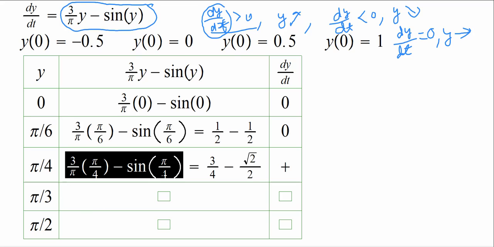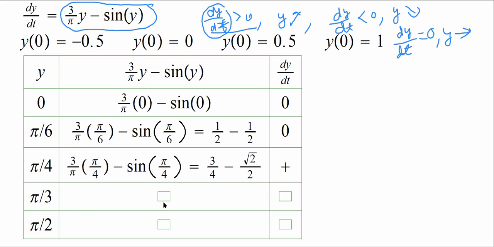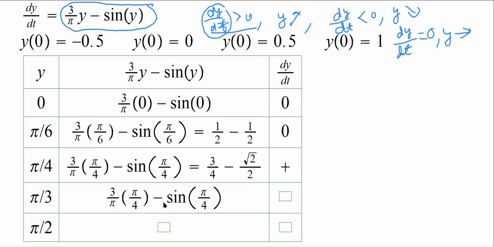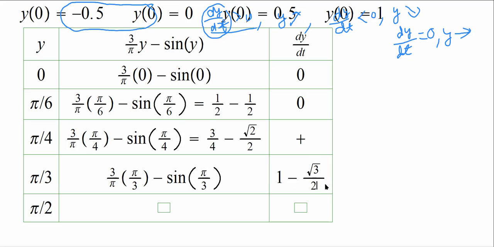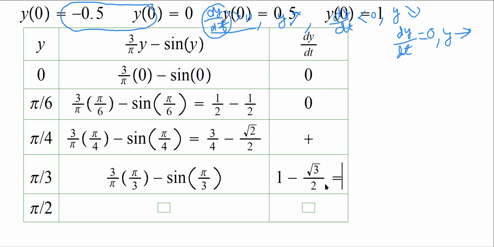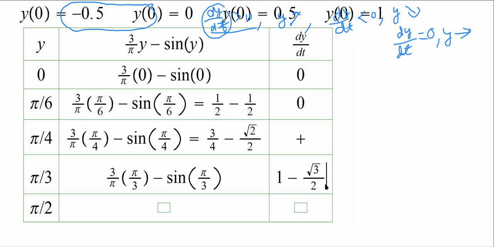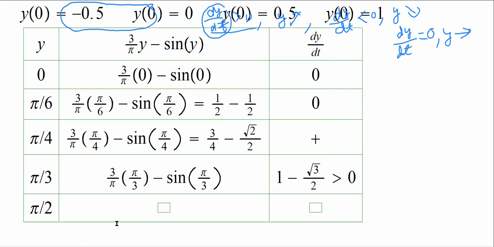For pi over 3, if we write pi over 3 here, that's 1 here, and sine of pi over 3 is square root of 3 over 2. This is also a positive quantity.